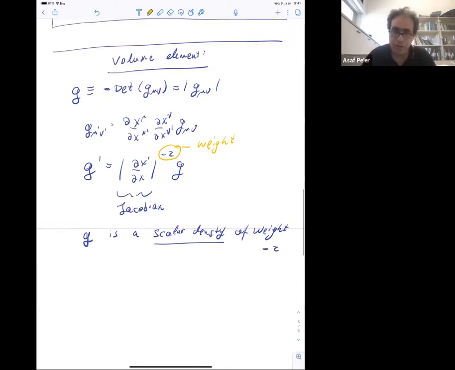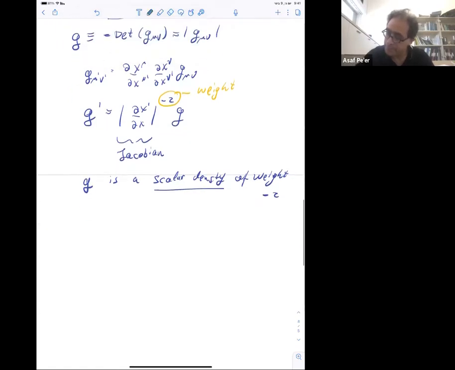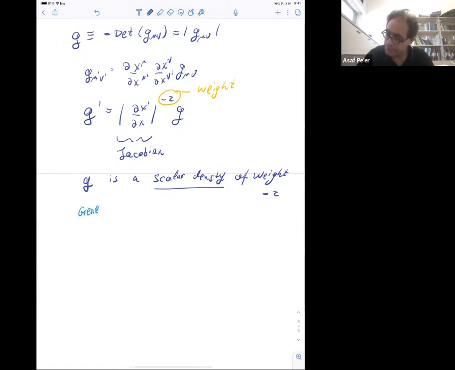And so under a general transformation, the volume element always picks up a factor of the Jacobian. So generally, d^n x prime is the determinant of dx^mu prime over dx^mu times d^n x.